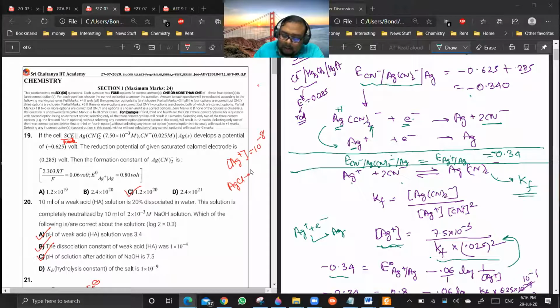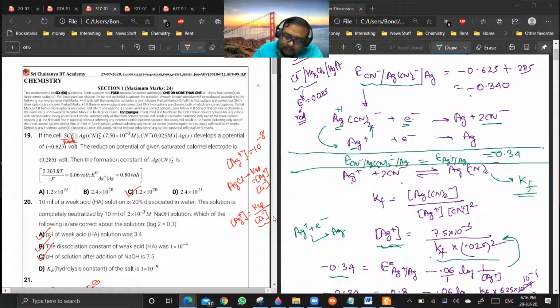AgCl, Ksp is the concentration of Ag plus into the concentration of Cl minus. So if I am using an insoluble salt, then the concentration of Ag plus can be controlled by controlling the concentration of Cl minus. Are you getting my point?